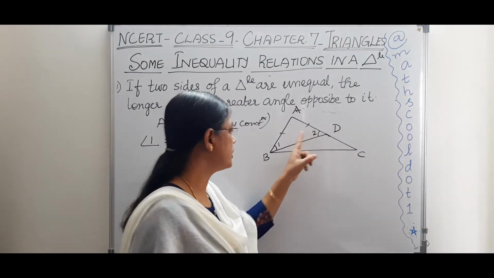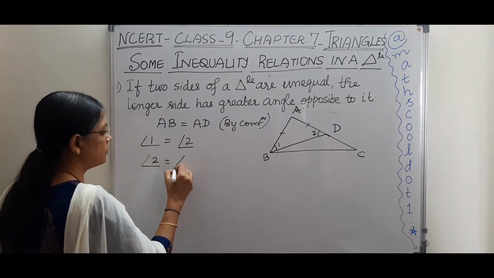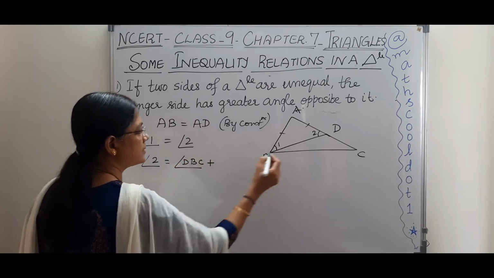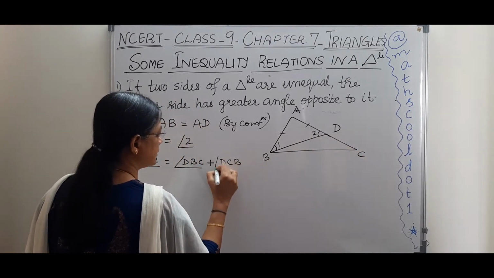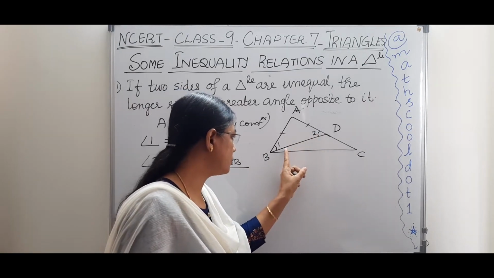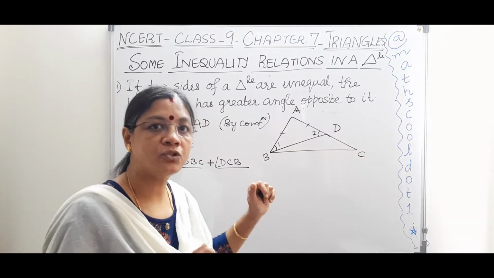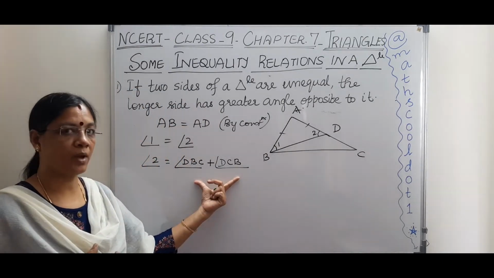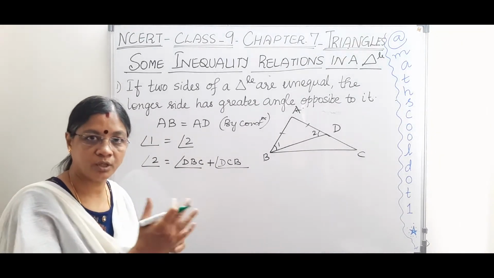So angle 2 is equal to angle DBC plus angle DCB. Since angle 2 is the sum of these two angles, it is naturally greater than any one of them individually.